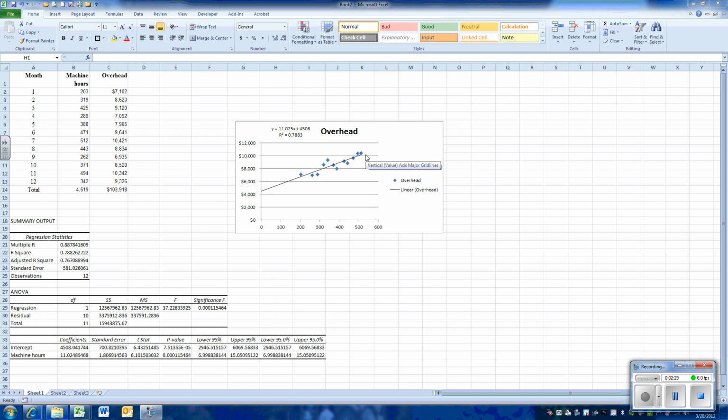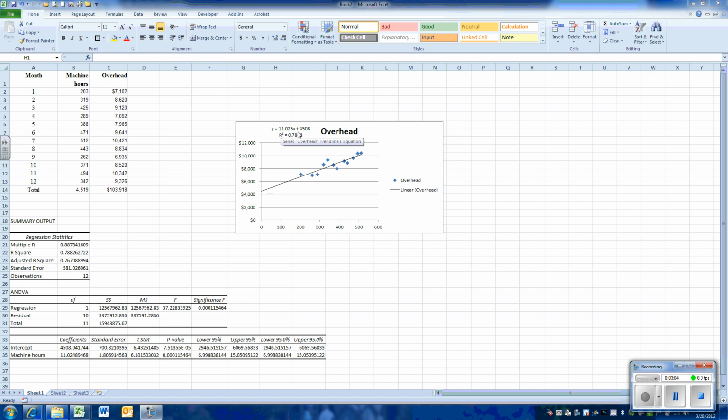Now, when we ran this scatter graph, we asked for an equation, and we got this equation: y equals 11.025x plus 4508. All right, so we know we're dealing with a cost equation, so let's translate that into our cost terms. Y being our overhead cost, so we're saying our total overhead cost equals $11.025 times x. X is our machine hours.